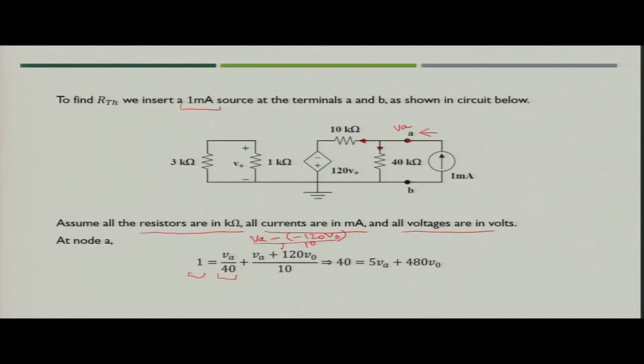So, that will simply become V A plus 120 V naught divided by 10. When you simplify, what you get? You get 40 is equal to, so this will go here and 4 will be multiplied in this segment. So, finally, we get 5 V A plus 480 V naught. So, this is the equation which we get from this particular segment of the circuit.